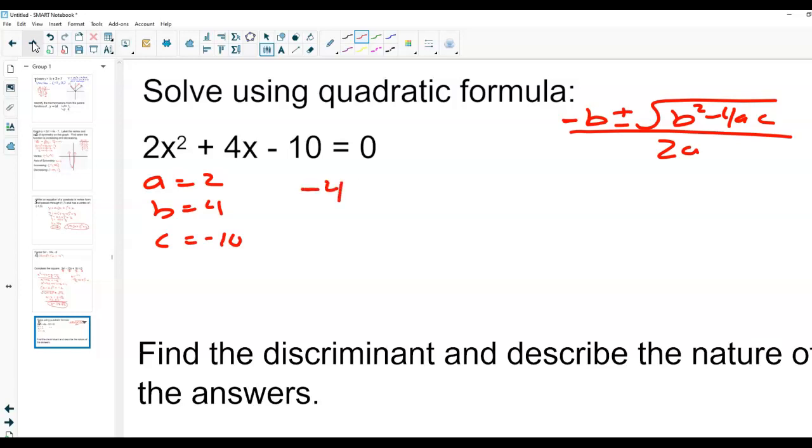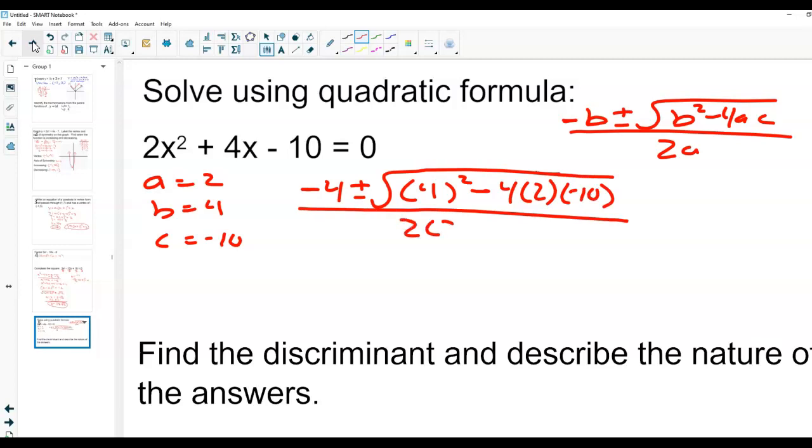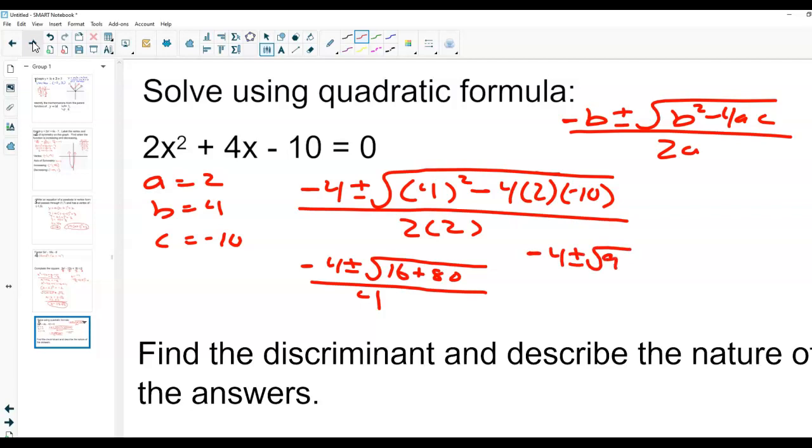This becomes negative 4 plus or minus the square root of 4 squared minus 4 times 2 times a negative 10, all over 2 times 2. So negative 4 plus or minus 16, 4 squared, 4 times 2 is 8, times negative 10 is negative 80. When you subtract the negative 80, it's really plus over 4. So the answer is negative 4 plus or minus root 96 over 4.